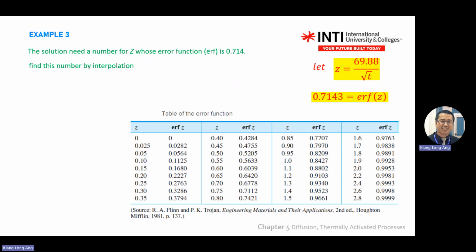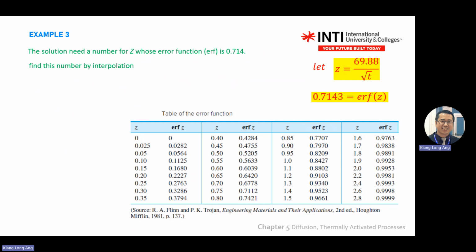The skill here is to apply your interpolation. If you don't know what interpolation is, come to us, we will teach you how to do interpolation. So you find the value for 0.7143, you find what the exact Z value is. Once you find your exact value, substitute back here.